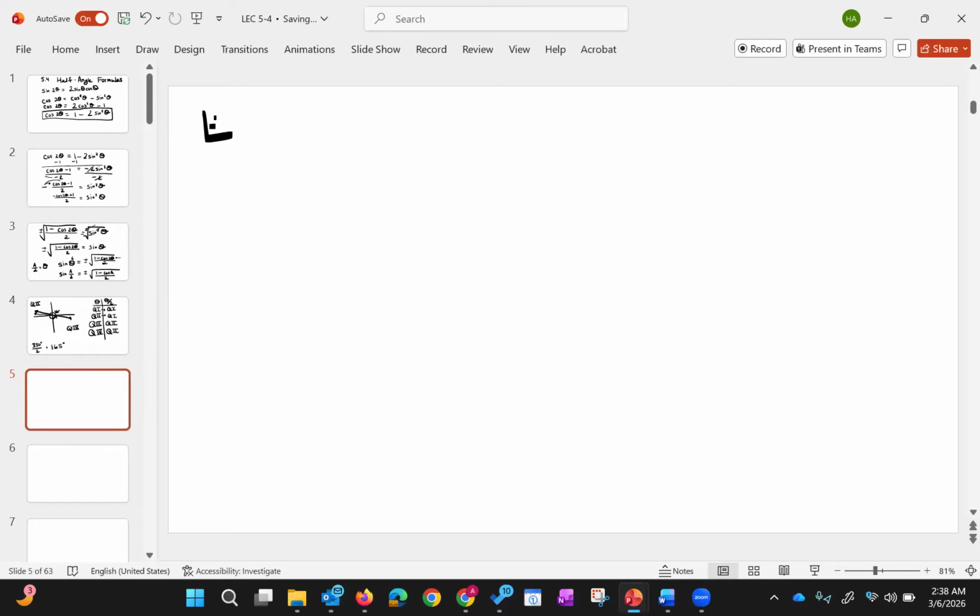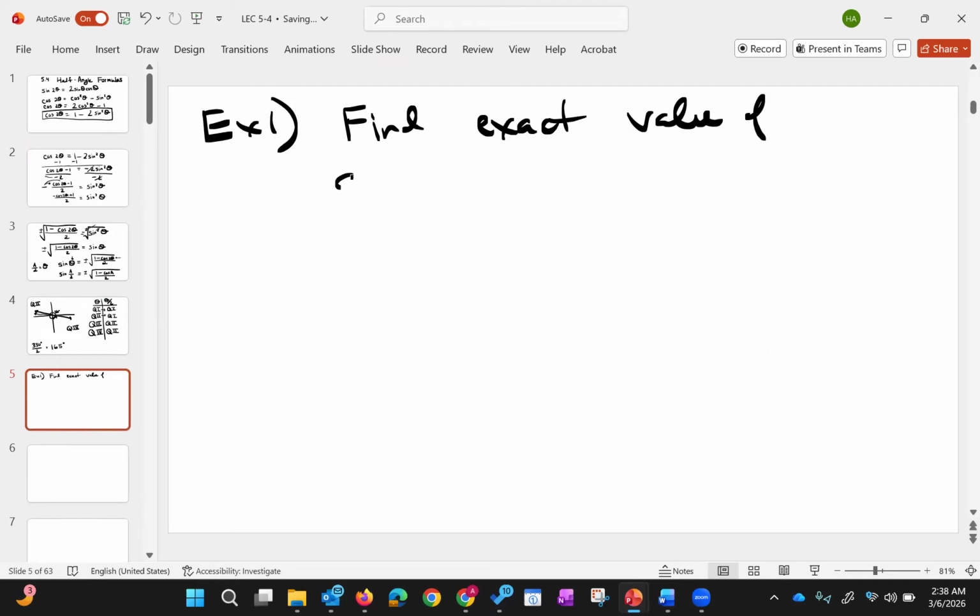So exercise number 1. I need you to find the exact value of sine of 105 degrees. Now, interesting thing about this, I'll let you guys write it down first.